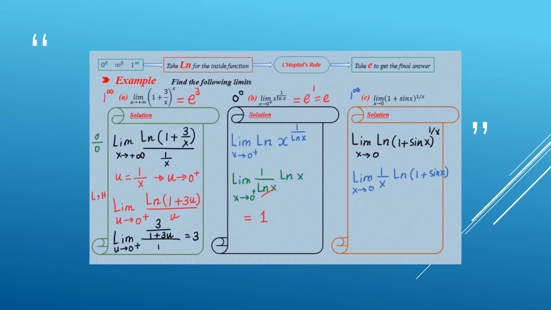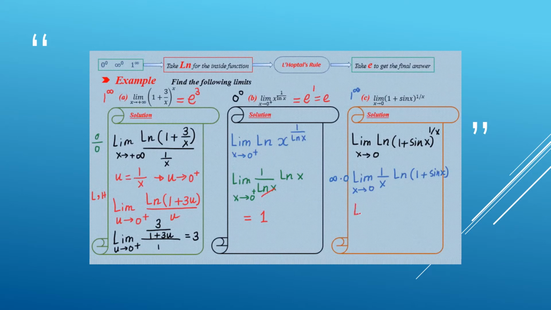By a direct substitution, you will get 1 over 0, which is infinity, times ln of 1 plus 0, which is ln 1, which equals 0. And this is an indeterminate form, so you have to continue and make it 0 over 0.